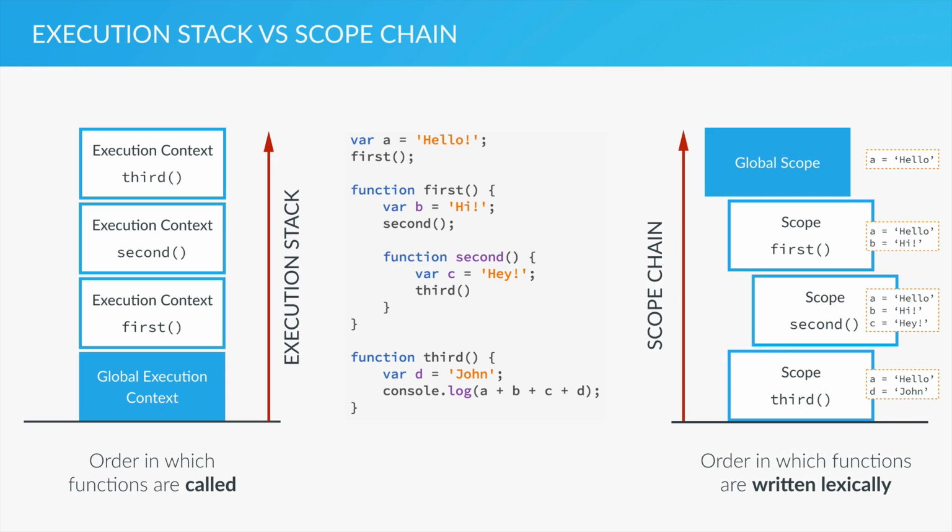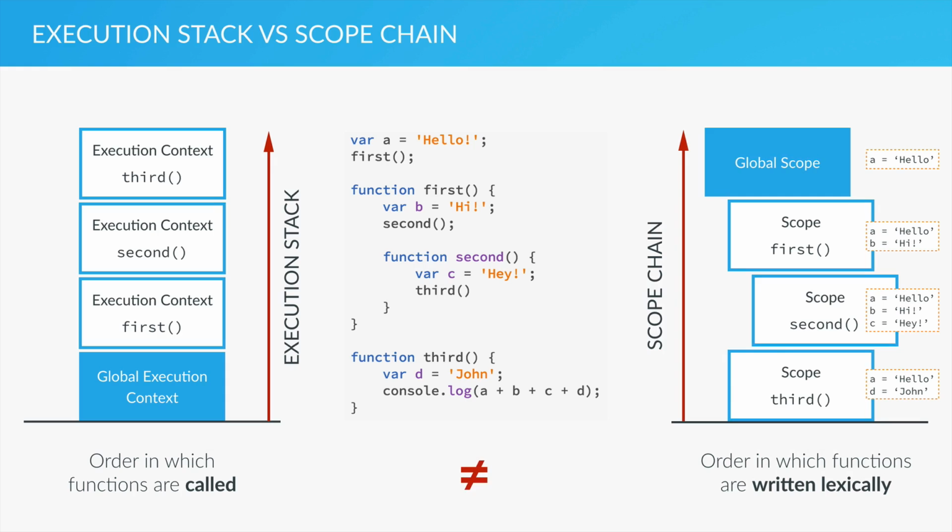Now let's remember that the execution stack is the order in which functions are called, but the scope chain is the order in which functions are written in the code, where they are lexically in our code. So the order in which functions are called does not determine the scope of the variables within these functions.